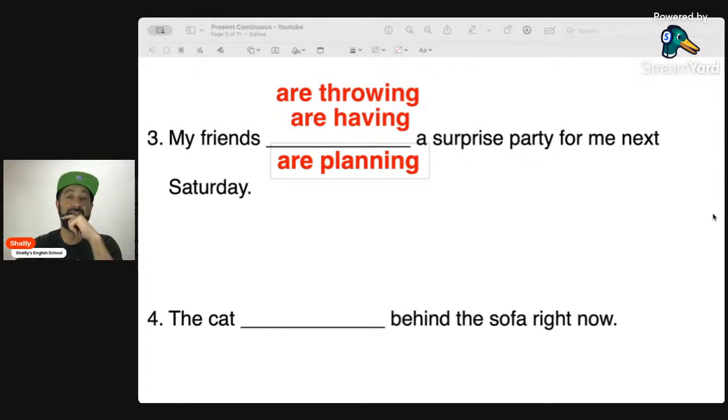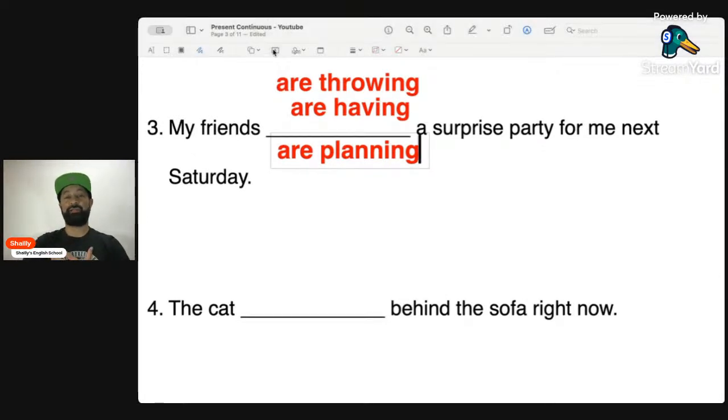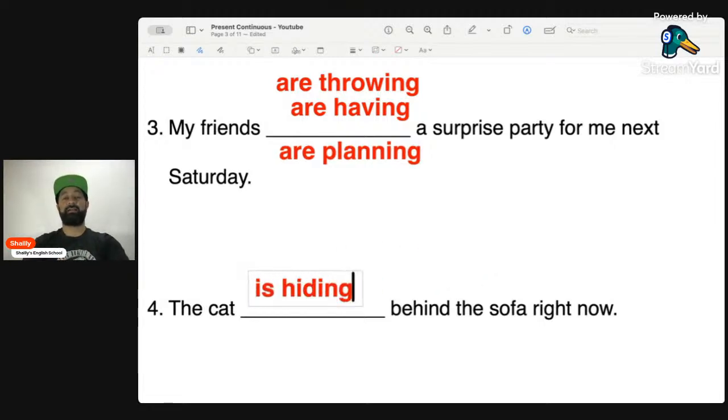My sister has a cat, and my sister's cat doesn't really like people. So when any guests come to my sister's house, the cat will always hide behind the sofa, or the cat will always hide in the bedroom. So for me, my answer for this one would be the cat is hiding behind the sofa right now.